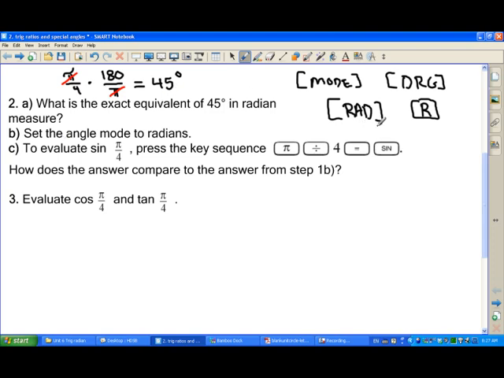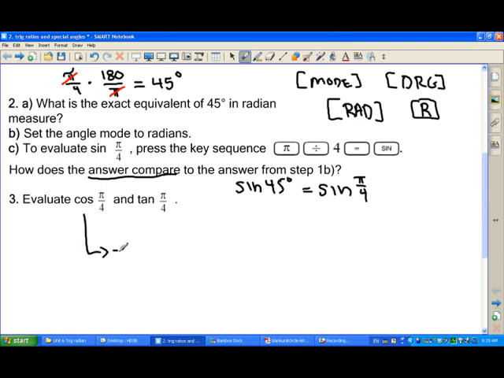So with your calculator in radian mode, press sine of pi divided by 4 and then hit equals, or vice versa, pi divided by 4 and then the sine button. And you should find that the sine of 45 degrees is equal to the sine of pi over 4 when your calculator is in radian mode.